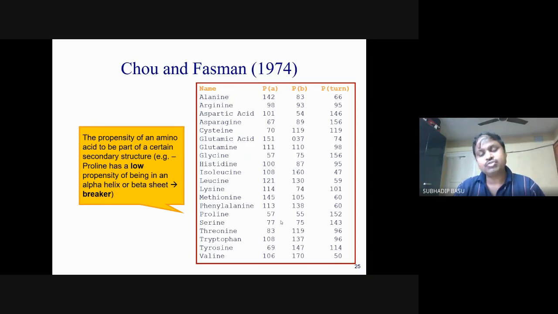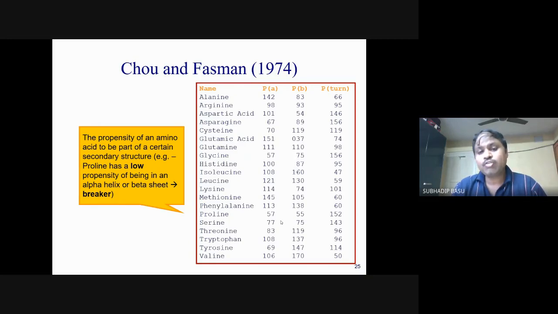In 1974, only a handful of protein structures were experimentally validated. So they took all those structures and did a statistical count of how many alanines were actually converted to a helix.